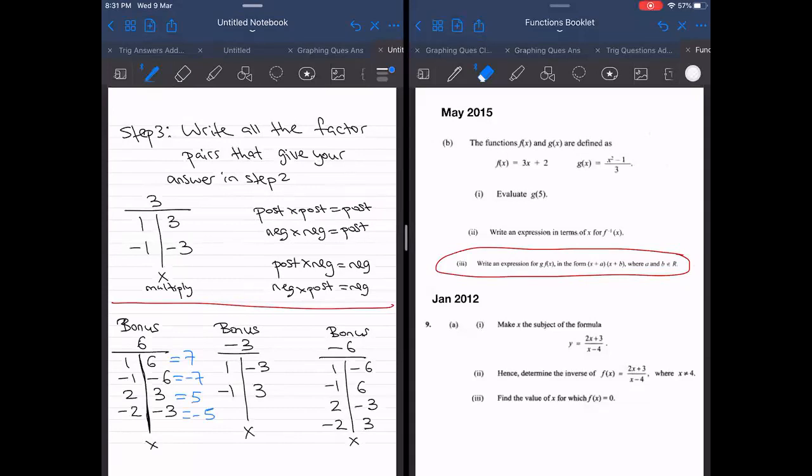Because 1 plus 6 is 7, minus 1 minus 6 is minus 7, 2 plus 3 is 5, minus 2 minus 3 is minus 5. This would give you a minus 2, this would give you 2. That's minus 5, 5. That would give us minus 1, and that would give us positive 1.